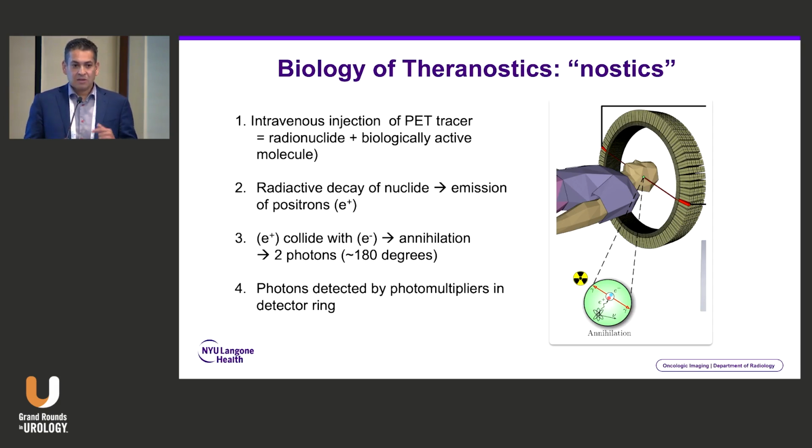And then advanced computational technologies, including something called time of flight, is used to then trace back the difference in time between one photon hitting one side of the detectors and the other side of the detectors to work backwards to know exactly from which part of the anatomy the annihilation process occurred, right? So the photomultipliers in the detector ring are the primary function of generating this image.